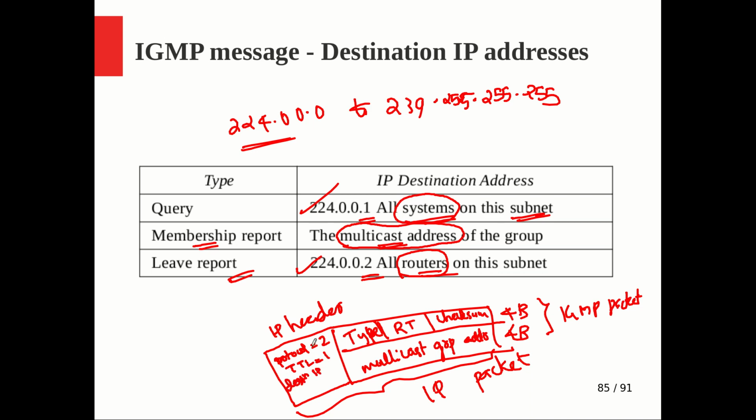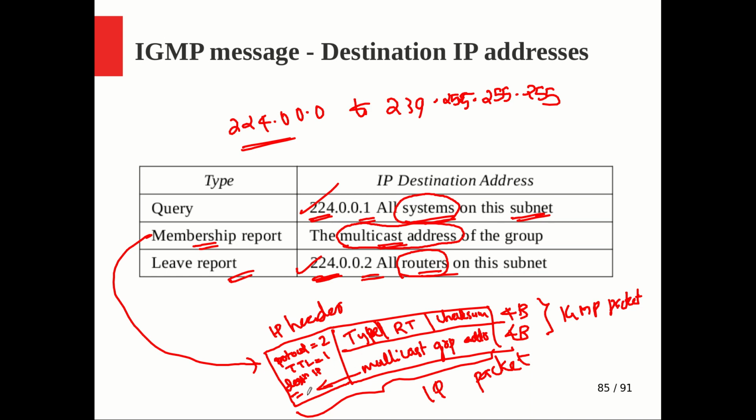The destination IP address for a query message, this value will be kept, and for a leave report this will be kept. For the query, in the sense of general query and special query, okay fine, but for the membership report alone, the destination IP will be the same as the group address. That means the same multicast group address will be kept inside the message as well as here.